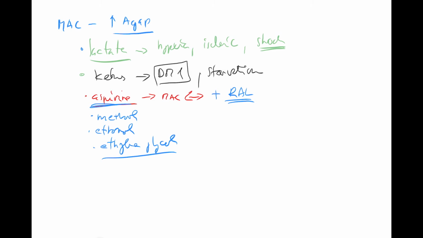And the one thing they have is metabolic acidosis with increased anion gap. Okay? So these are examples of metabolic acidosis, but you should know lactate, ketones, aspirin, methanol. Okay? So that's metabolic acidosis.